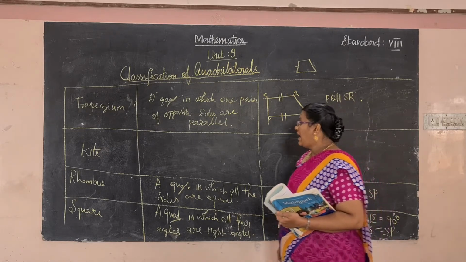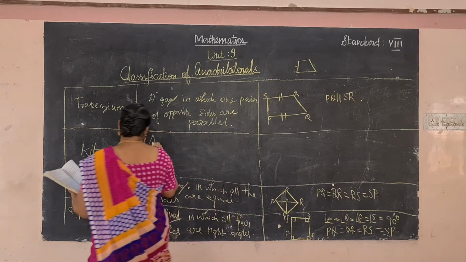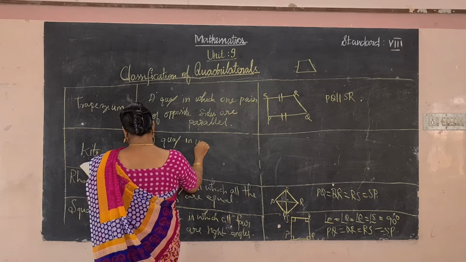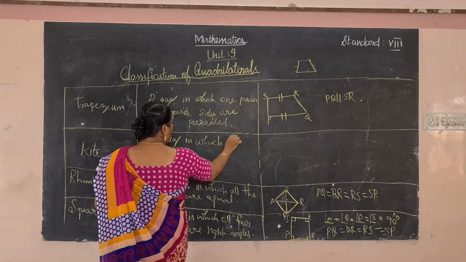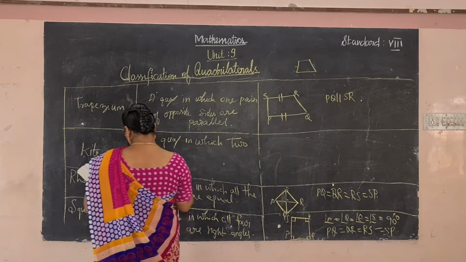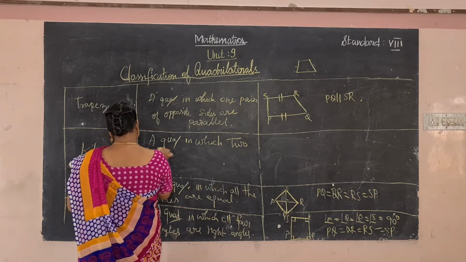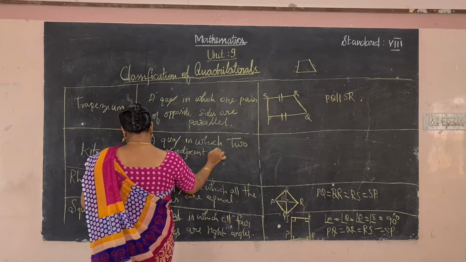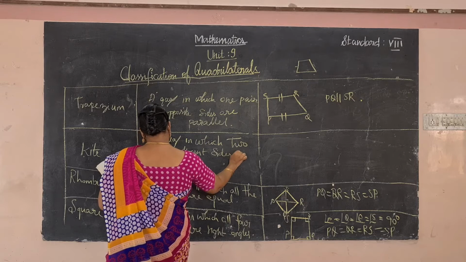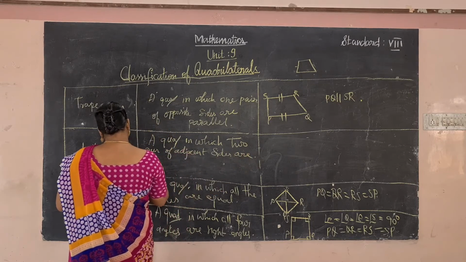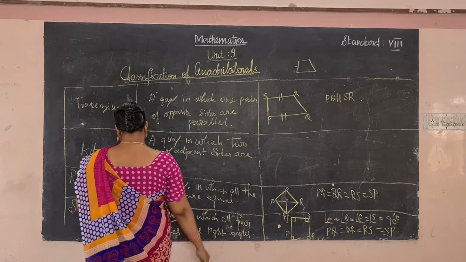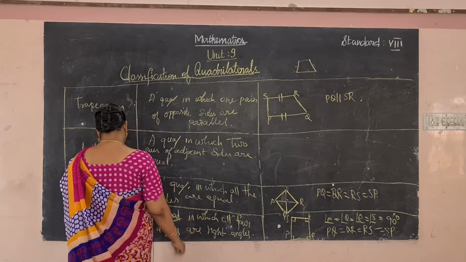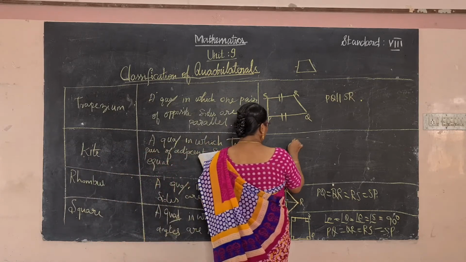And kite, this is also a quadrilateral in which two pairs of adjacent sides are equal. That is a kite, everyone knows it.